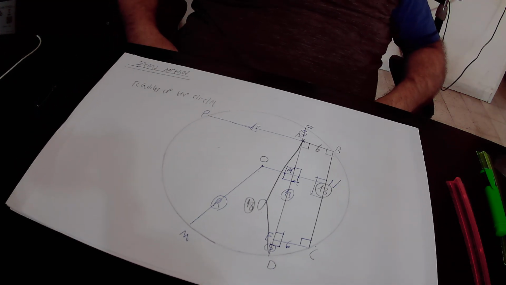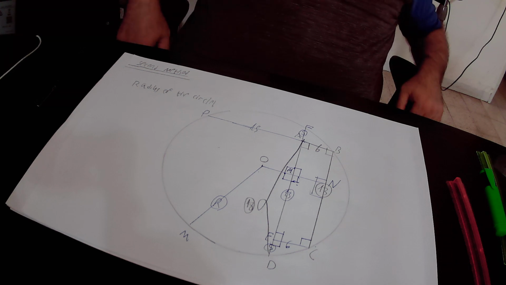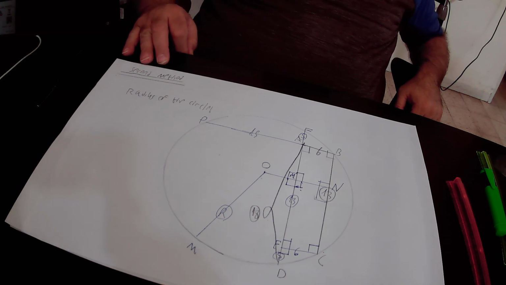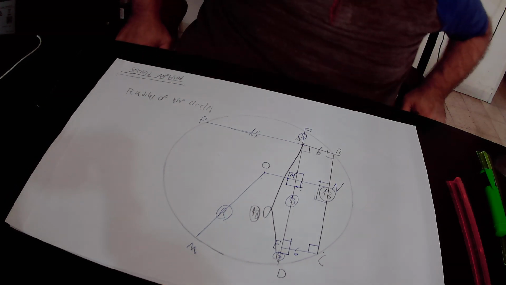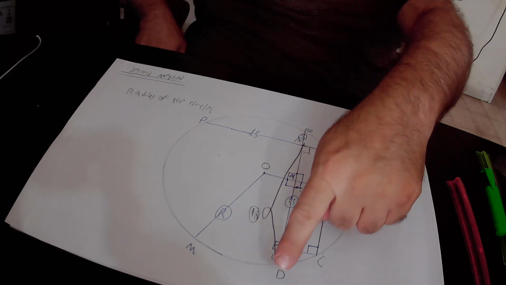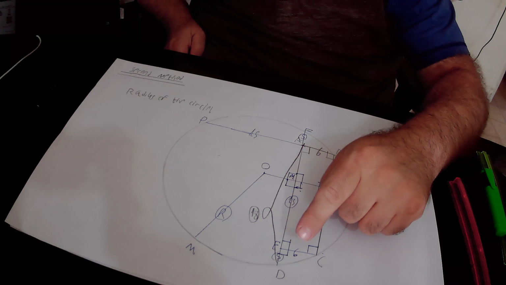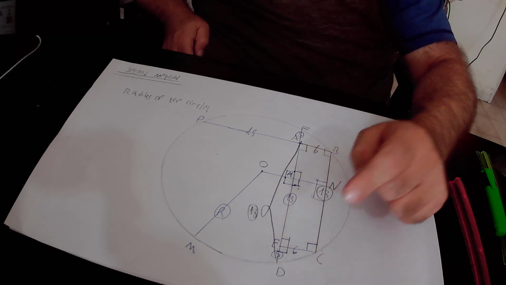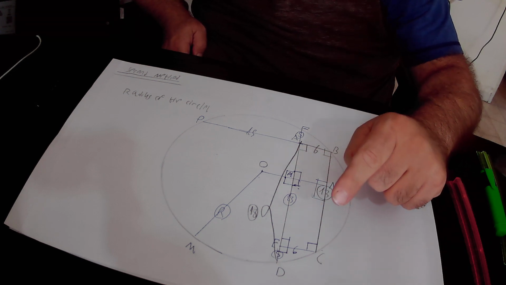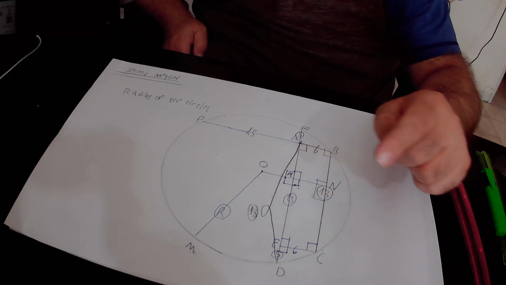In the second method, in the first step, we did all the things that we have already done in the first method. That is to say, from point C we draw a perpendicular on AD. This angle equals 90 degrees, this angle equals 90 degrees according to our construction. We define the touching point of the perpendicular from point C and AD as E.